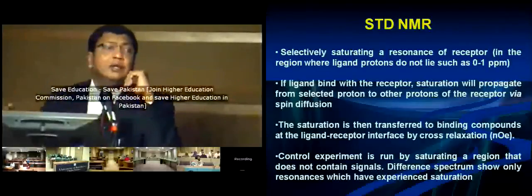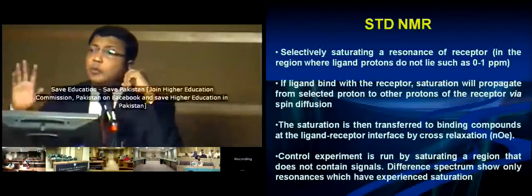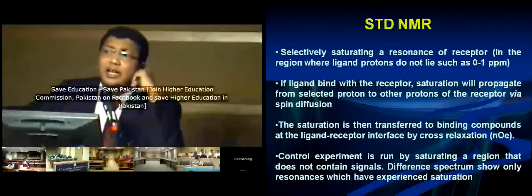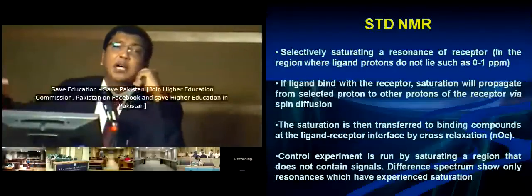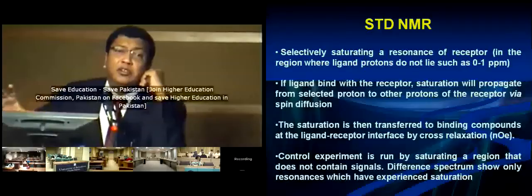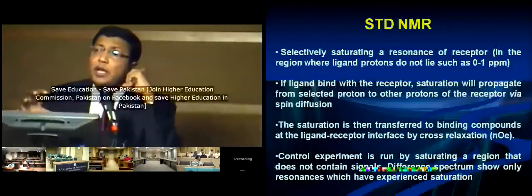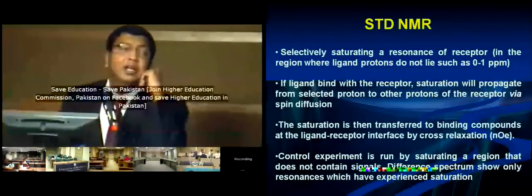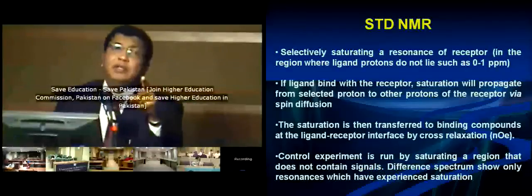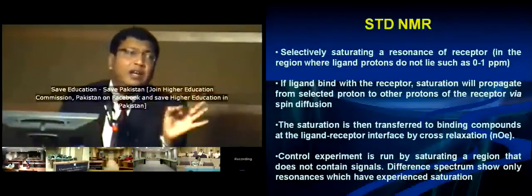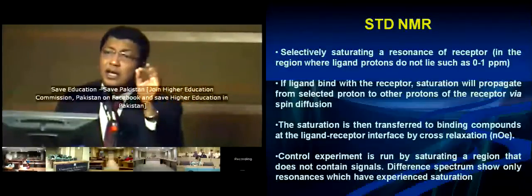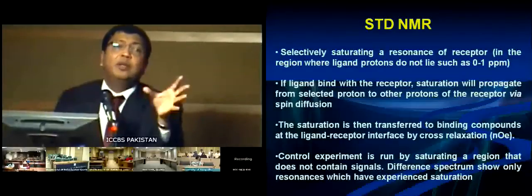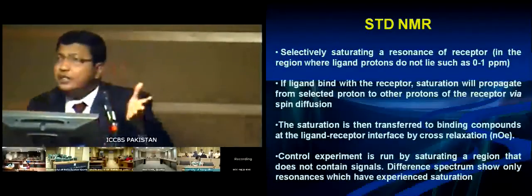In the first experiment, you saturated certain protons of the protein, which eventually transfer to the ligand by cross-relaxation, by NOE. The NMR spectrum of this experiment would have changes in the parameters of the ligand protons. In the control experiment, you irradiate a region in which there are no protein protons. When there are no protein protons, the protein would receive no energy.